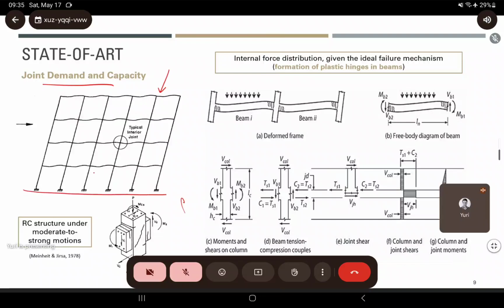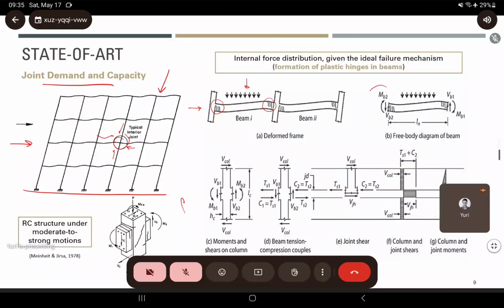When it is imposed lateral deformation due to earthquake loading, stresses and forces are concentrated in the joints through deformation. If we look at this joint here, vertical loads and horizontal deformation happen on the joint, along with deformation of plastic hinges on beams.